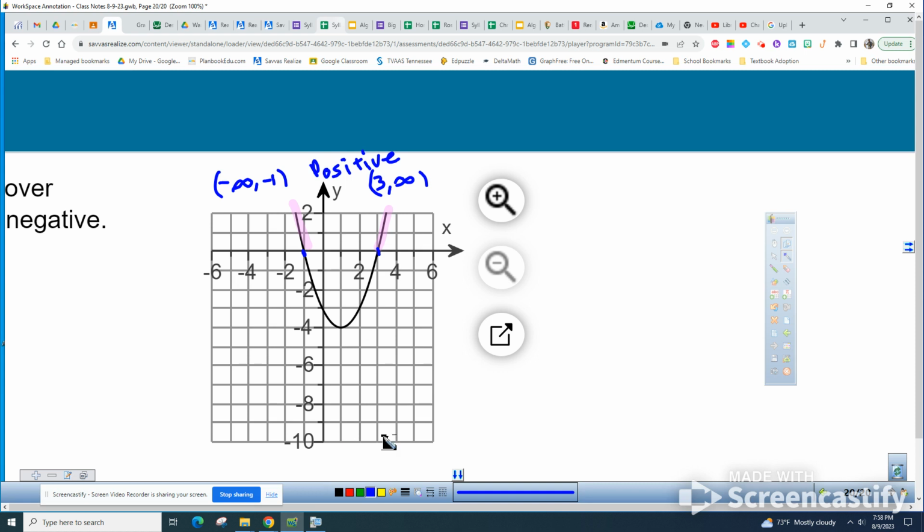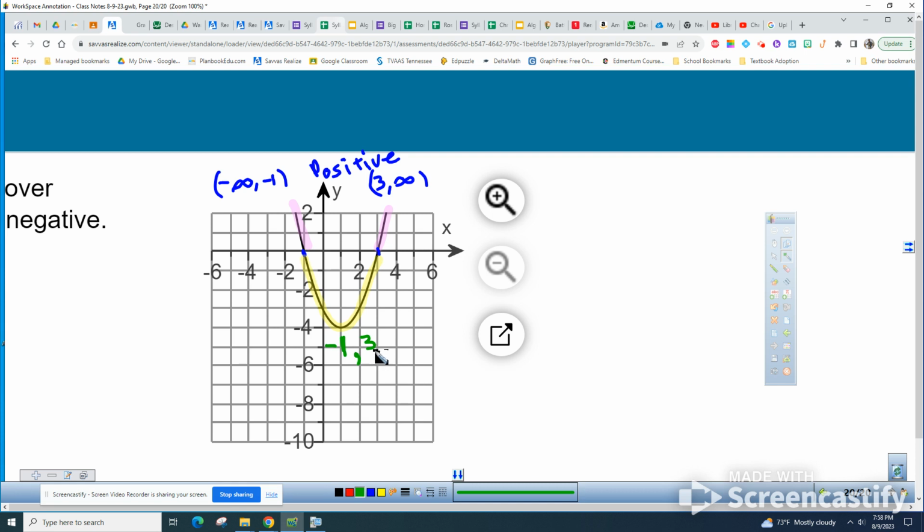And then let's look at negative. Negative is the part below the x-axis, so that's that section there. We would name it by saying -1, comma, 3.